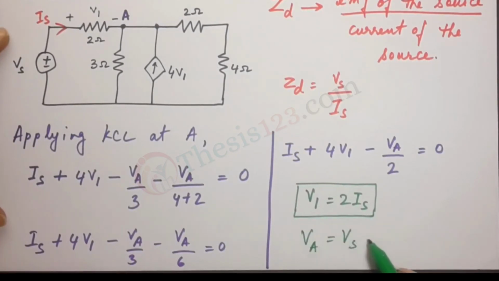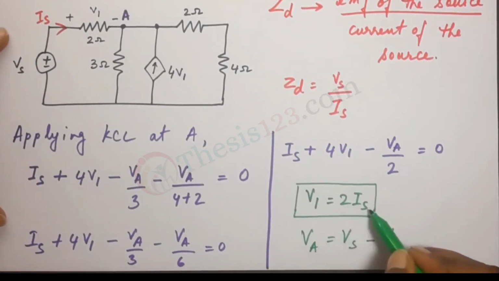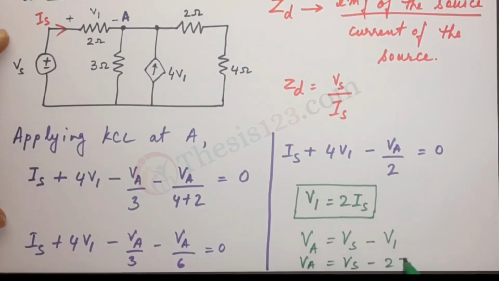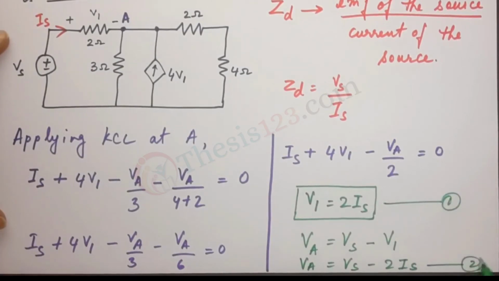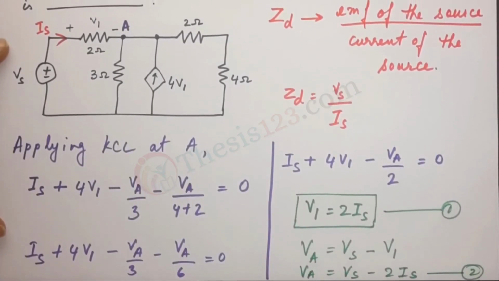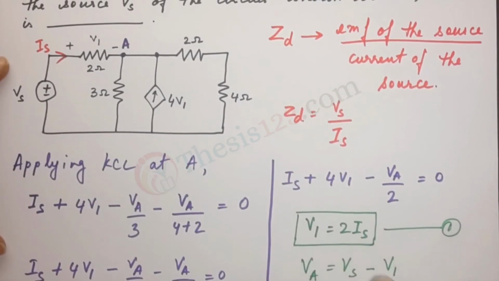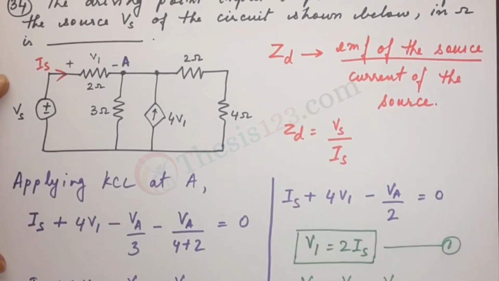VA is equal to Vs minus V1. Now V1 is 2Is, so that gives us VA is equal to Vs minus 2Is. Let's call this 1, let's call this 2. So now we have two relations, for VA and for V1. Let's substitute both 1 and 2 into this equation here.